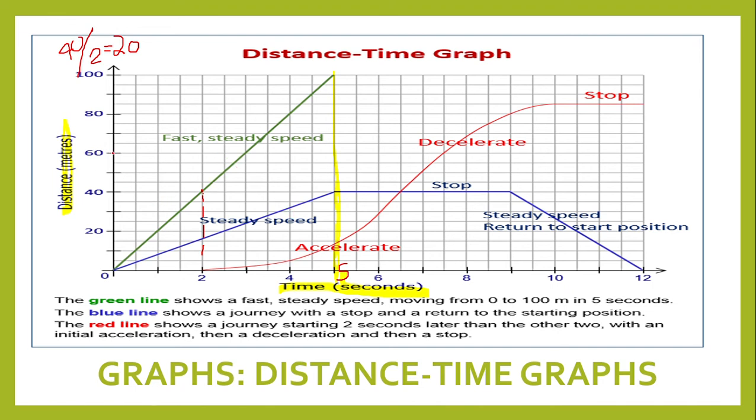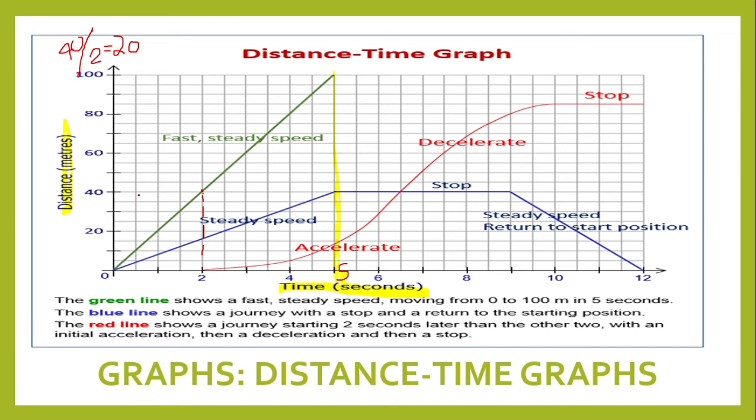Let's say I take this point, 40, and I see that the distance from 40 to the green line is approximately 2, whereas for the blue line, it's 5 seconds. That definitely means that the green line is closer to the y-axis, and when it's closer to the y-axis, it has more gradient and higher speed.